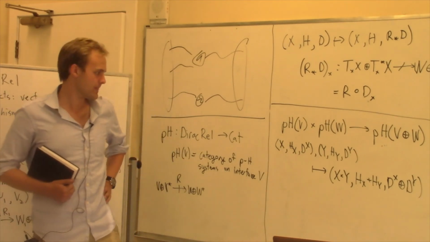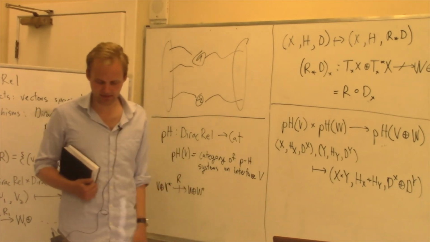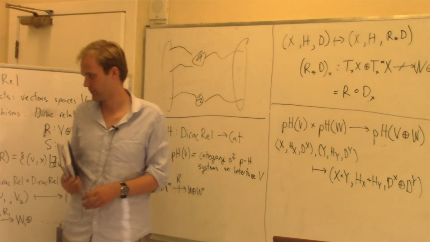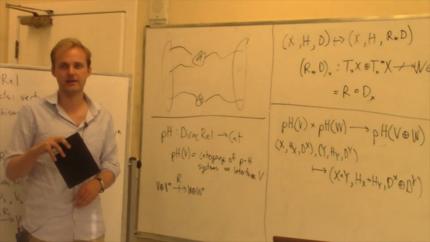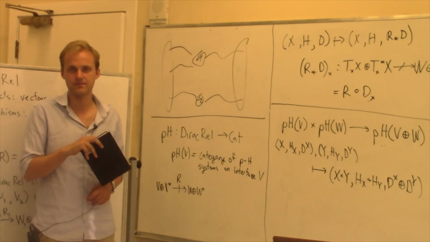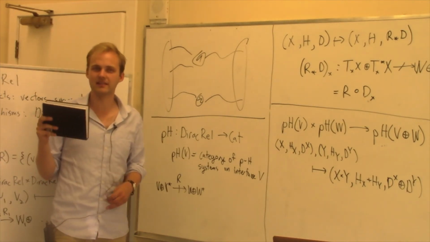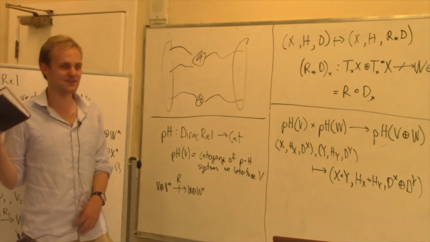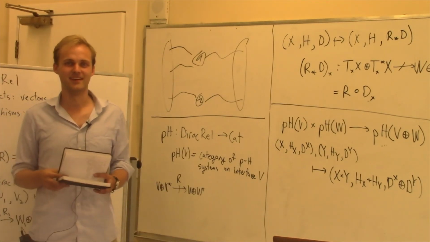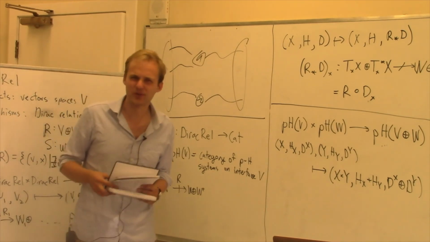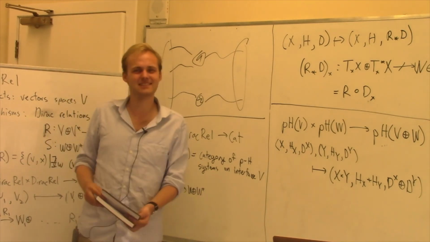This style of using lax symmetric monoidal functors started with an earlier paper of mine for thermostatics, and as soon as John Baez saw the lax symmetric monoidal functor, he said decorated cospans, and then it didn't quite work. It didn't make sense.